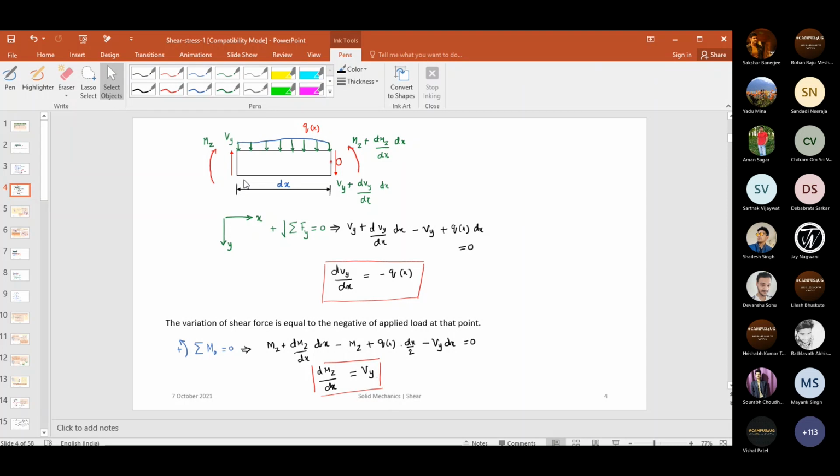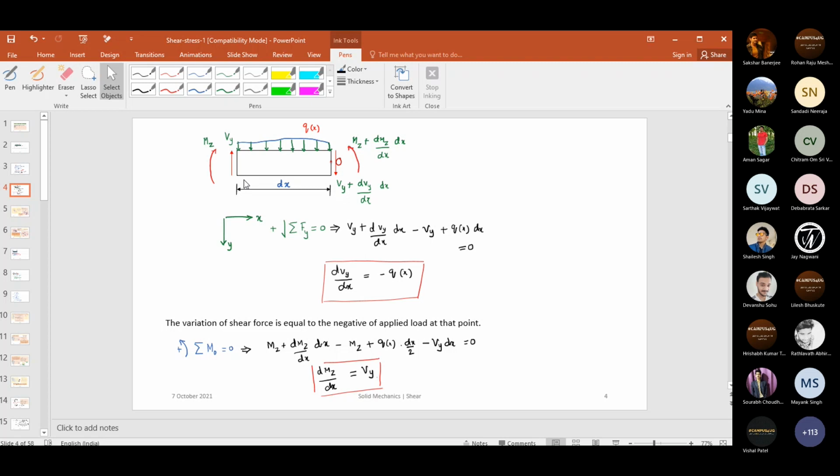It is Mz. The bending moment acts about z. But it is a function of x. As you move along the x direction, it is a function of x. But Mz means that it is calculated about the z axis at that location.